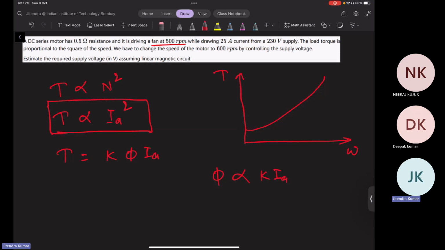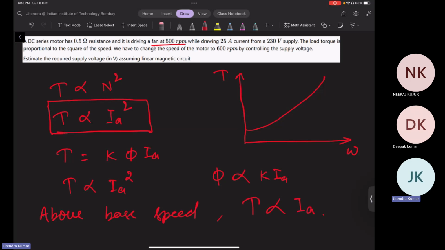It would take a very high current to surpass that value, but current can increase. So below base speed, or below rated condition, torque is proportional to Ia square, but above base speed, your torque will be more or less proportional to Ia.